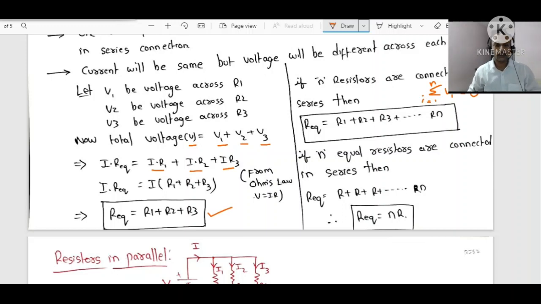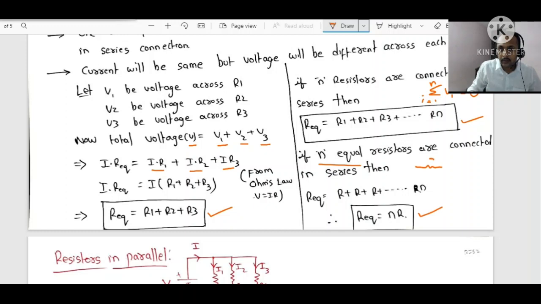Very, very important, dear students. When a number of resistors are connected in series, the equivalent is R1 plus R2 plus so on up to Rn, where n indicates the number of resistors. Now for example, if all the resistor values are the same, if equal resistors are connected, then what happens? R plus R plus R, and so on, n times R. How do you understand that?